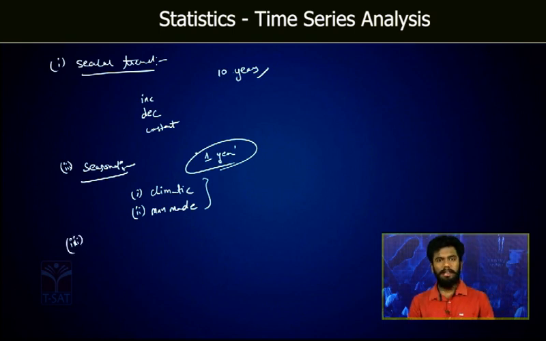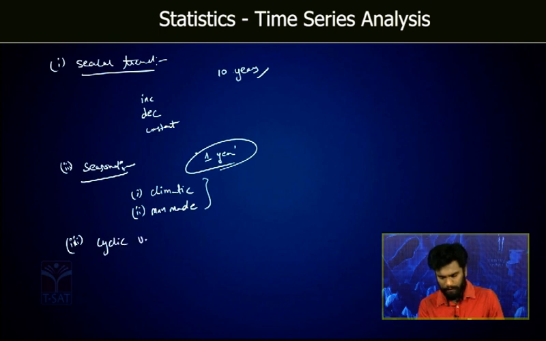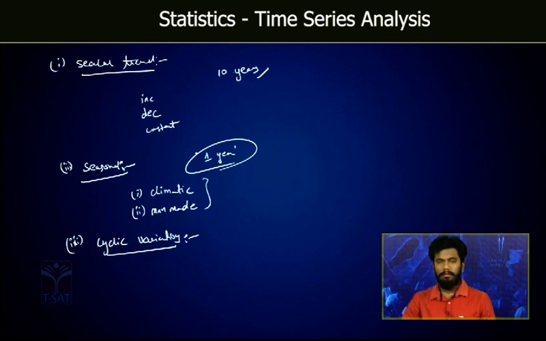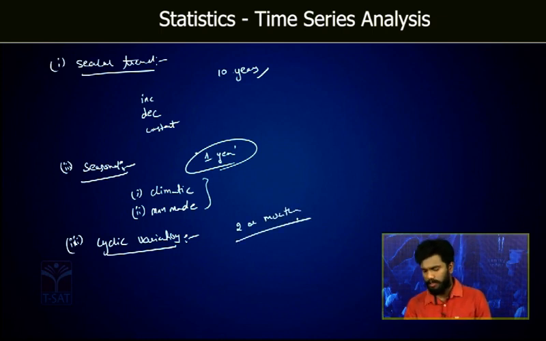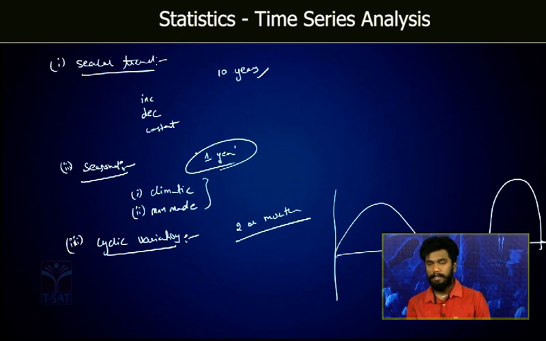The third factor is cyclic variations. The cyclic variation usually considers the time period of 2 or more than 2 years. So in the cyclic variations there is a graph like this.